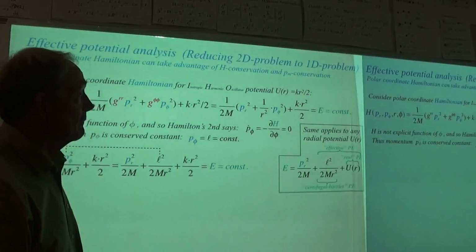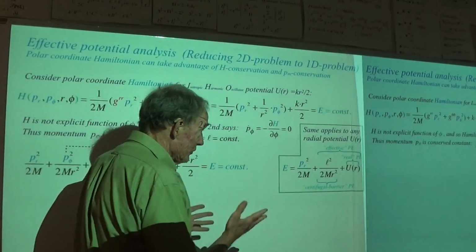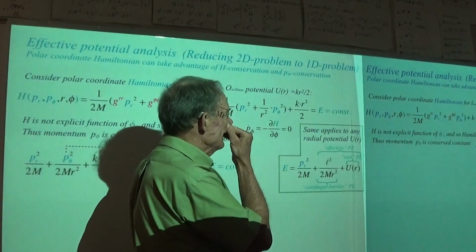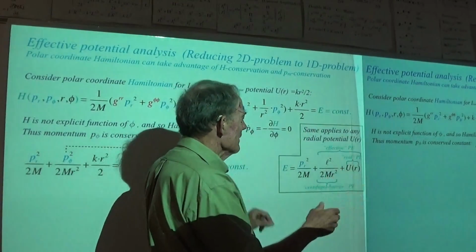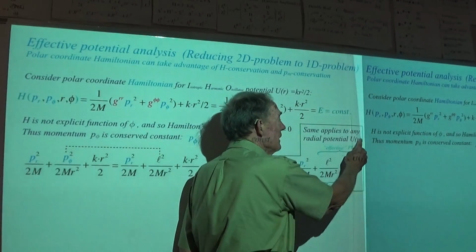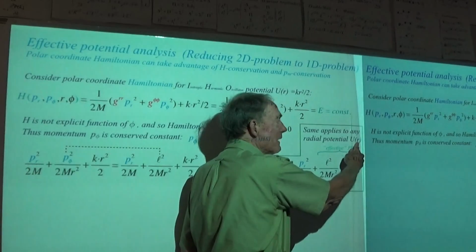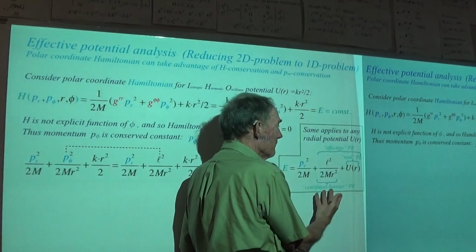That's called the effective potential. Now this is true not just for the Coulomb problem of the sophomore physics Earth outside, not just for that, but for any problem that only has a radial dependence. It doesn't matter what the radial dependence is. This is going to work.